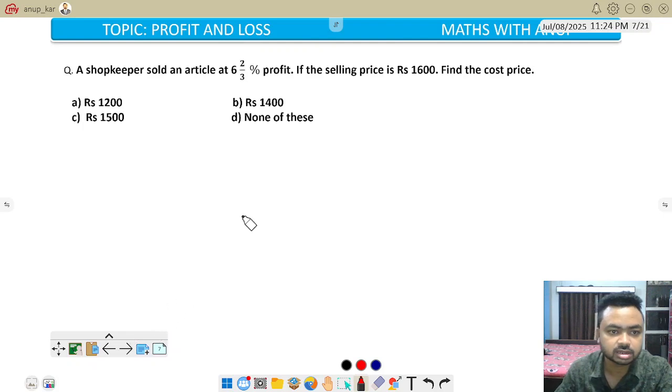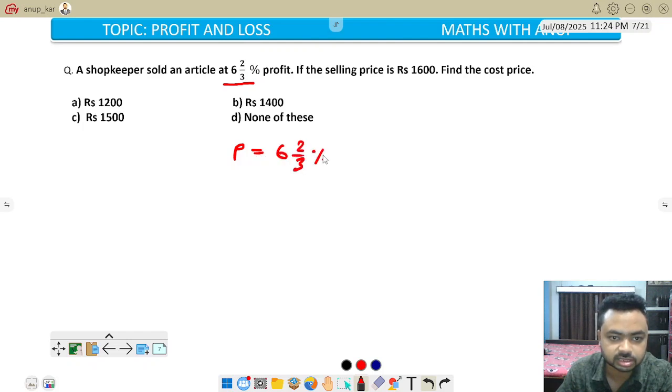Next question. Here see, same as the previous one, but the percentage value is not a whole number, it is instead a mixed fraction. So what will you do? We will solve it by using the ratio method. So given profit percentage equal to 6 2 by 3 percent. So if you reduce it to a fraction, what will you get?